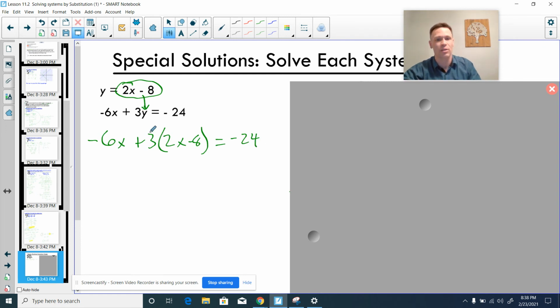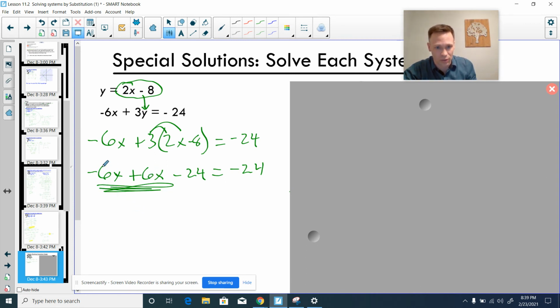Now check out what happens. When I distribute this 3, I'll get negative 6x plus a positive 6x, and then 3 times negative 8 is negative 24. That'll be equal to negative 24. Now what happens right here? Negative 6x plus 6x is just 0. So it's really gone.